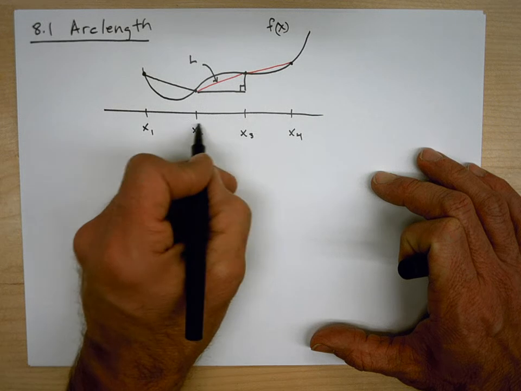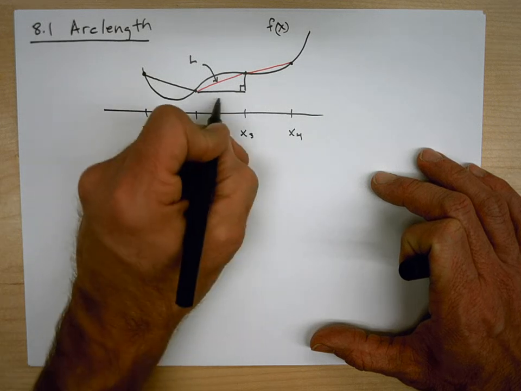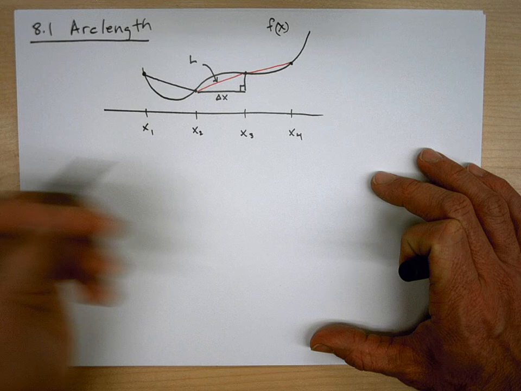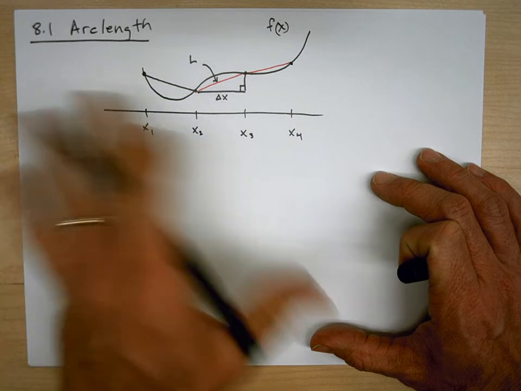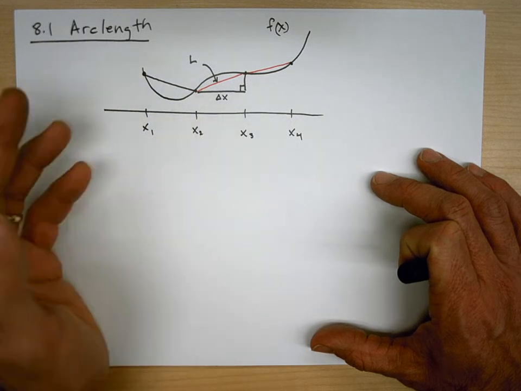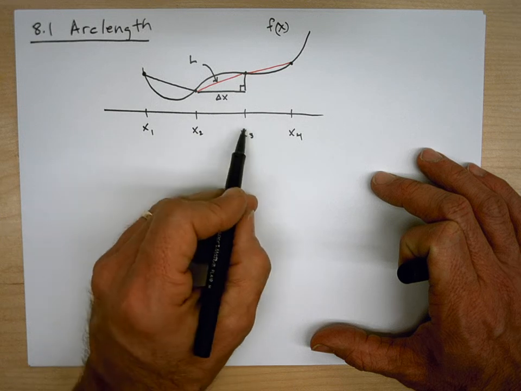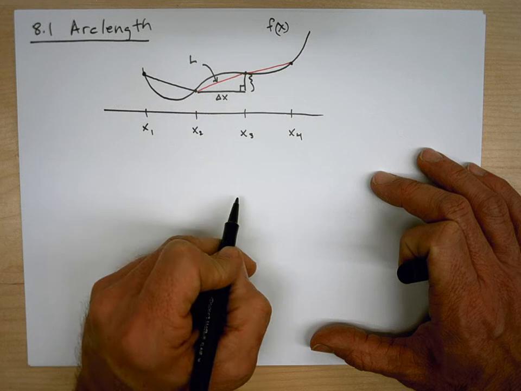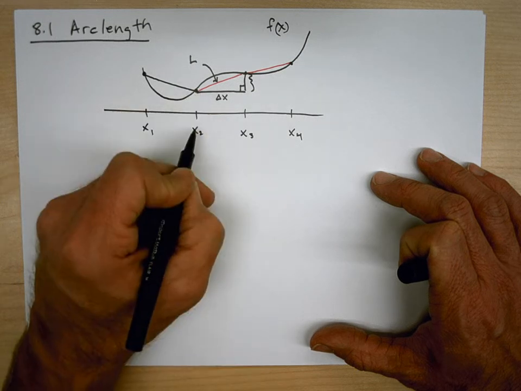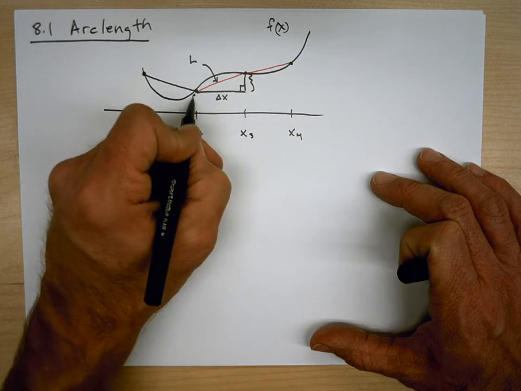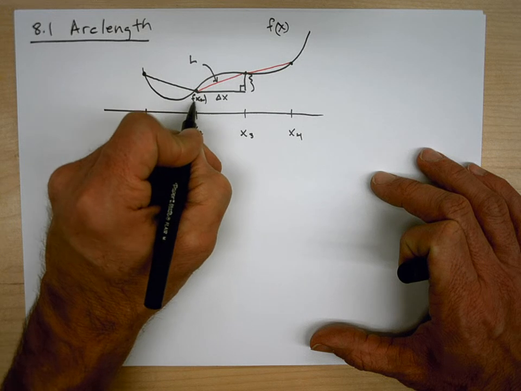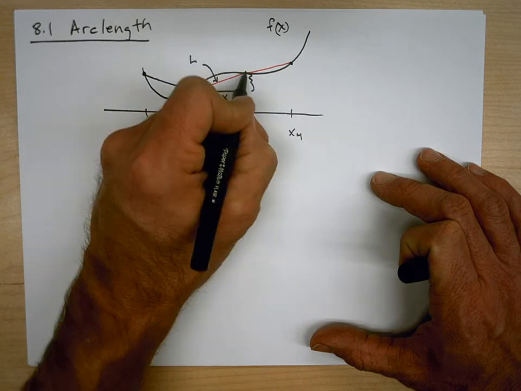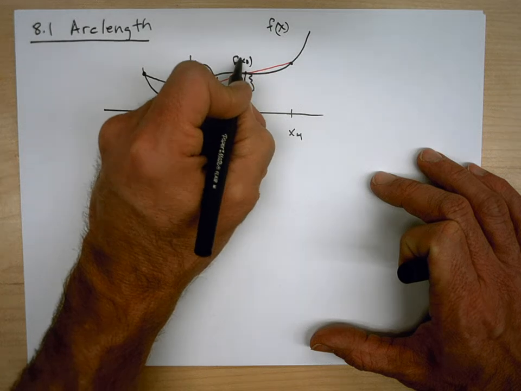So we're going to call the distance between any two delta x. It doesn't necessarily need to be the same, but just for the sake of this derivation, I'm going to say that it is, that x3 minus x2 is my delta x. And then this vertical distance right here, well, that would be f of x2, the function value associated with x2, and this one right here would be f of x3.